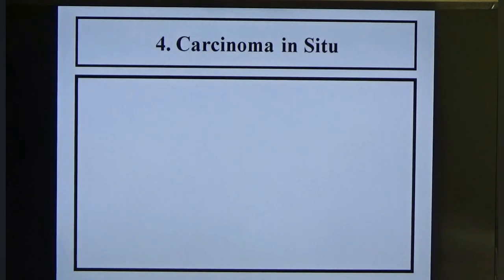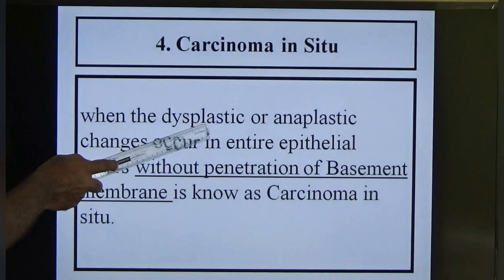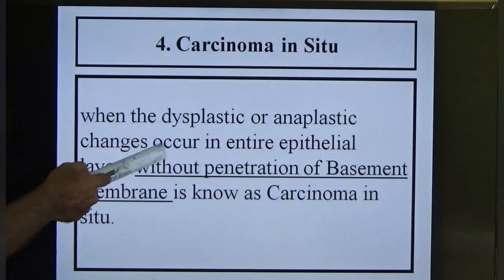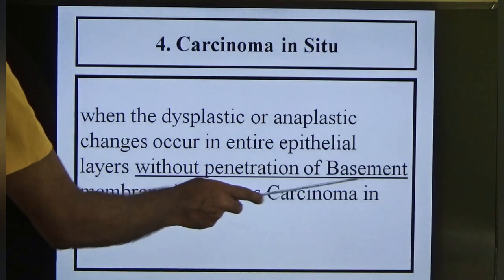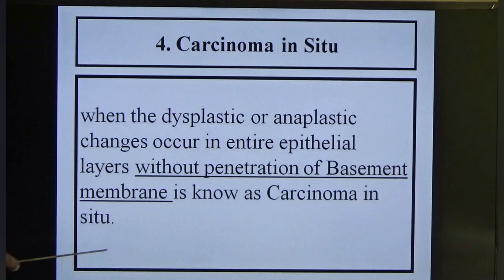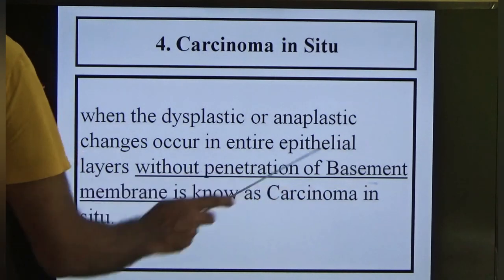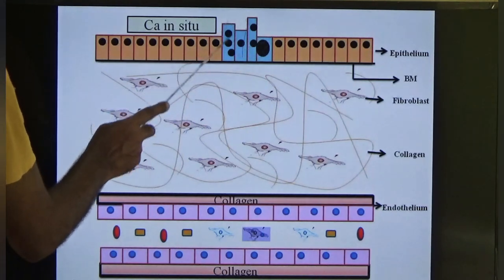Next one is carcinoma in situ. A very important topic. When dysplastic or anaplastic changes occur in the entire epithelial layer without penetration of the basement membrane, it is known as carcinoma in situ. So the thing to remember is: without penetration of the basement membrane. Let me give an example. This is the affected area.